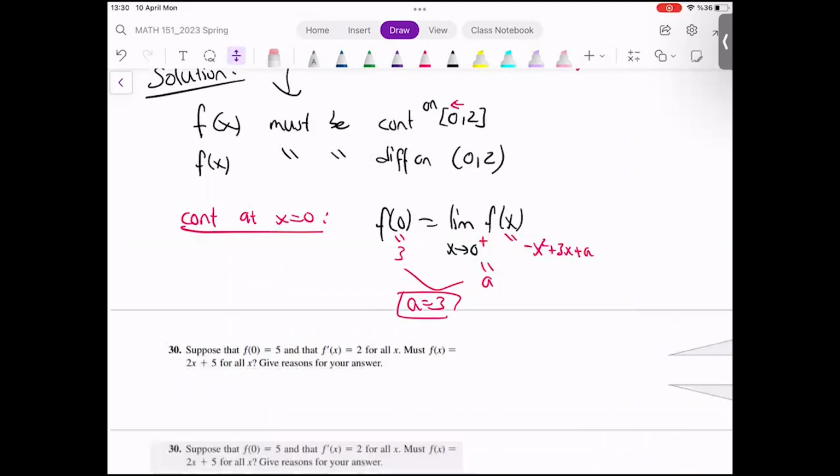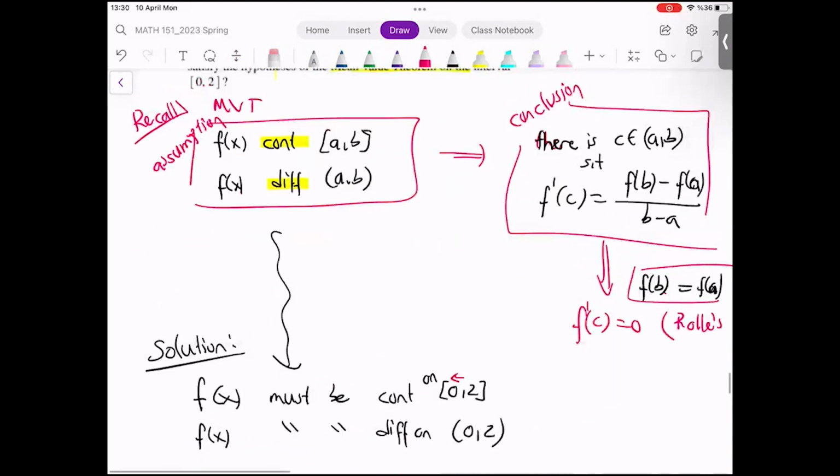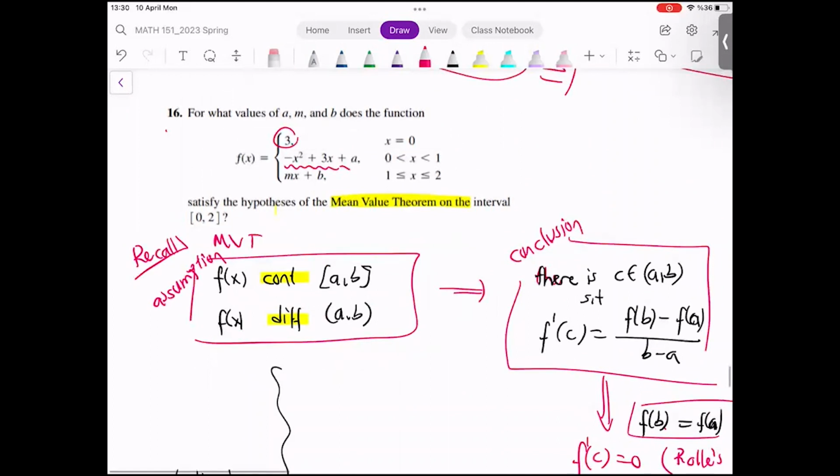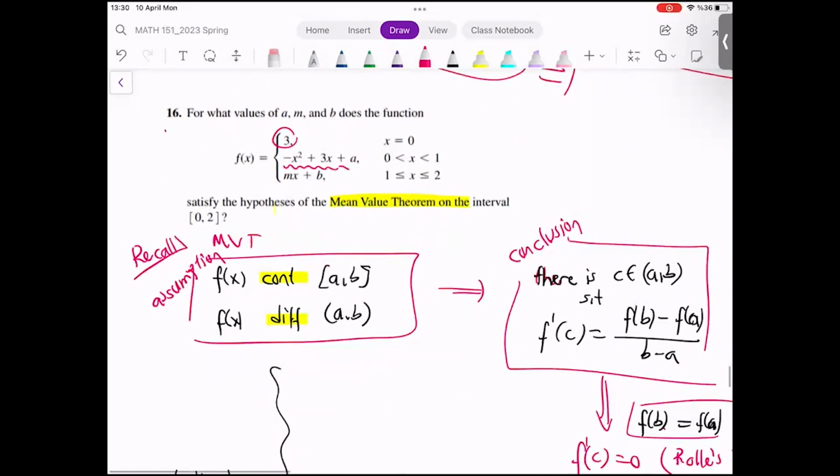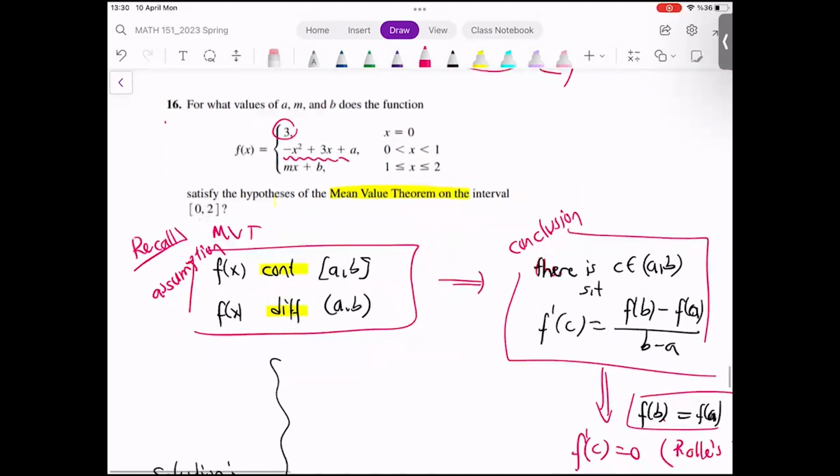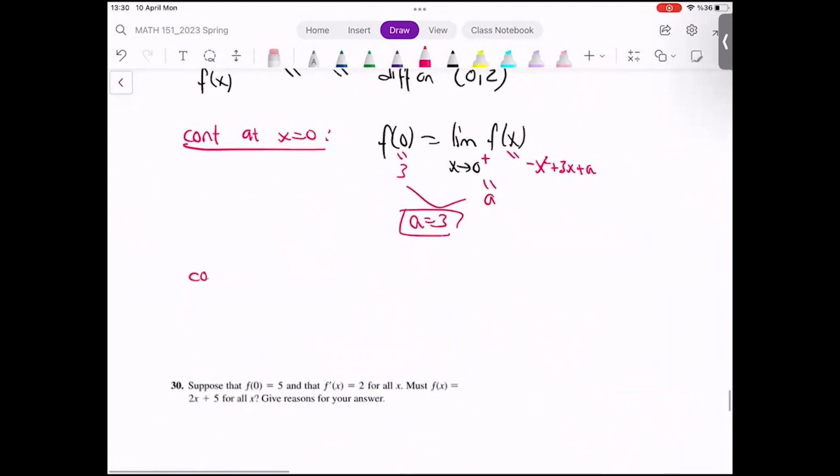Now let's check another point for continuity. We can check 1, for example. Continuity at x equals 1. This time I will look at the one-sided limits to see if they are equal or not, because we have a different function expression on each side of 1.